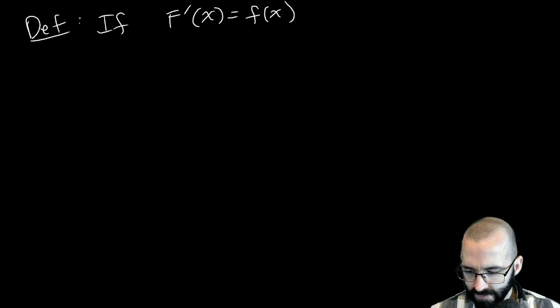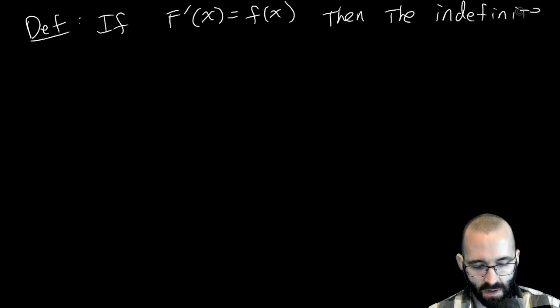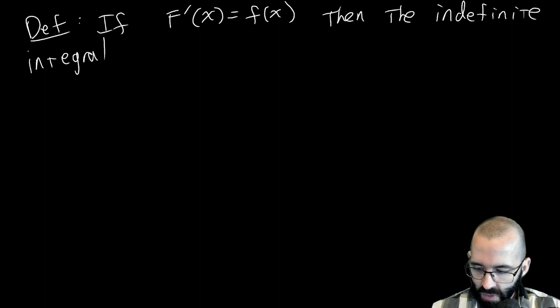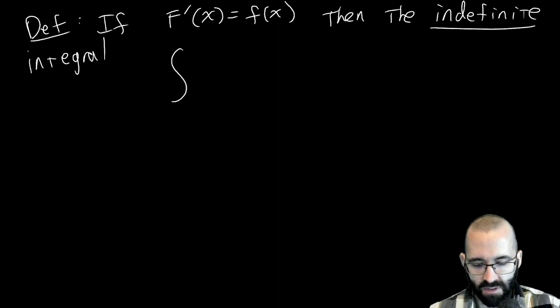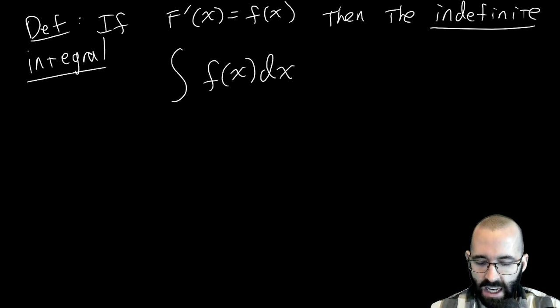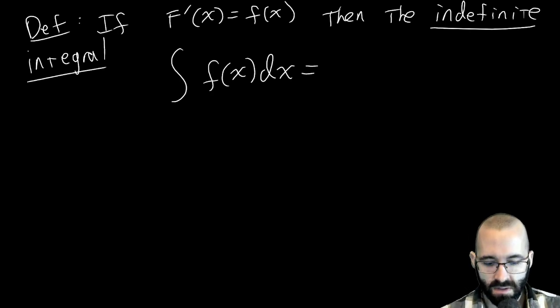Okay, then the indefinite integral, which is written, and that's our definition, as the integral of little f of x dx. So just like a definite integral, just with no limits of integration.